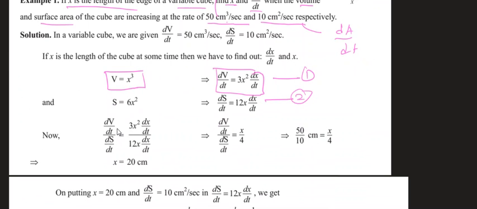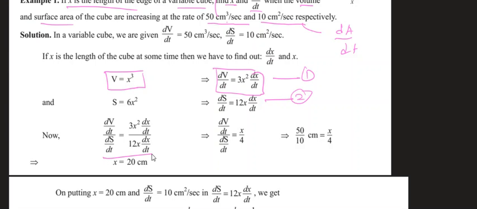So dV by dt, and we have dS by dt also. By dividing dV by dt and dS by dt, you can cancel that dx by dt. That is the easiest way, so that we are able to get the value of x. And similarly, once you are able to get x, then you can substitute here and get the value of dx by dt also, is it not?